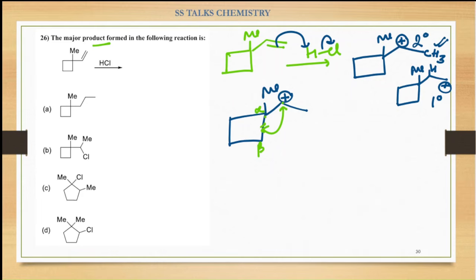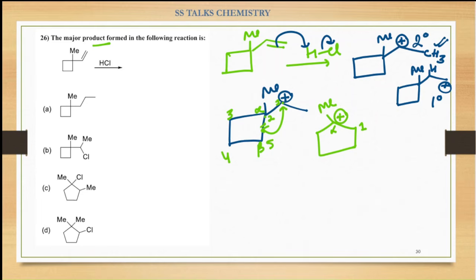You can do the numbering also for this. You can see this is 1, 2, 3, 4 and 5. That means in this particular case I'm going to get a 5-membered ring formed over here. This is number 1, and this is the second position. At the second position one methyl group is attached, and this was my alpha center. As I said, a positive charge will come on the alpha center.